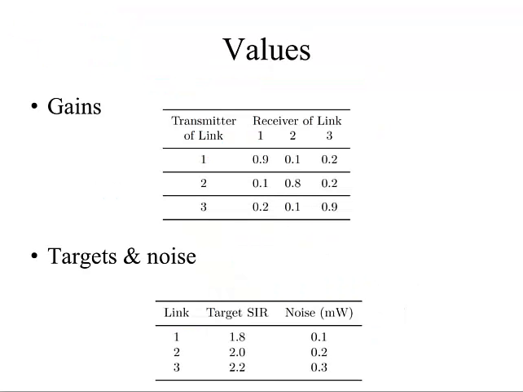And so, as I said before, each of these transmitters has different gains and different interfering gains, and so the way that we look at that is in terms of a table. And so these are the gain values here in this table. What this really tells us is, for instance, if we're looking at transmitter 1, that the direct gain to receiver 1 is 0.9.